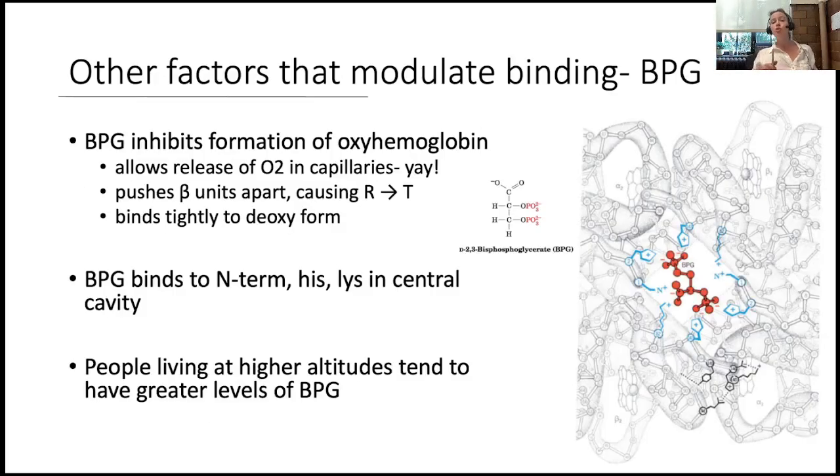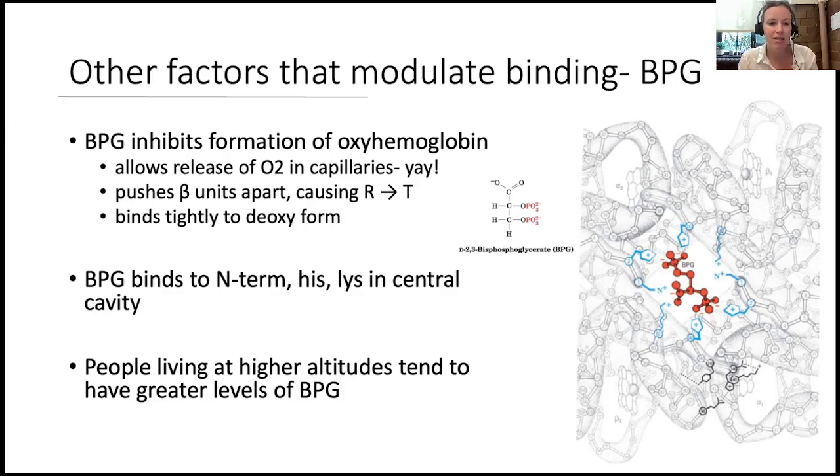Case study number 2 involves a molecule called BPG. Very similar to acidic conditions, BPG inhibits the formation of oxyhemoglobin, so it causes oxygen release in the capillaries, which is a good thing for our tissues.